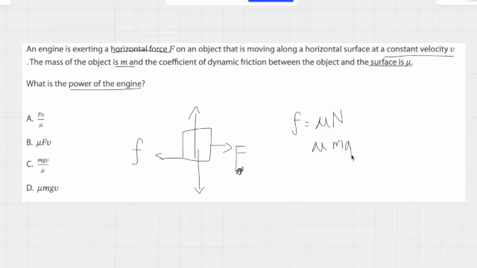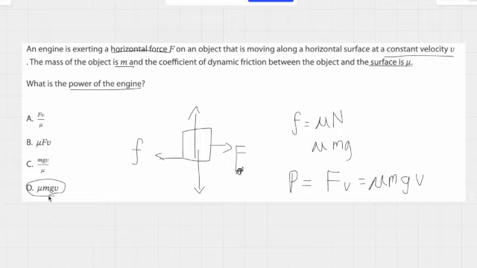Now, we know that this force here is constant because it's given that it's moving at a constant velocity. So now we know that power, which is what we're trying to find, is equal to force times velocity. And velocity is just v, and force is mu mg. So now we have mu times m times g times v. So our answer is answer option D.